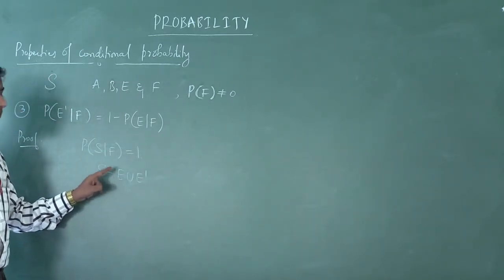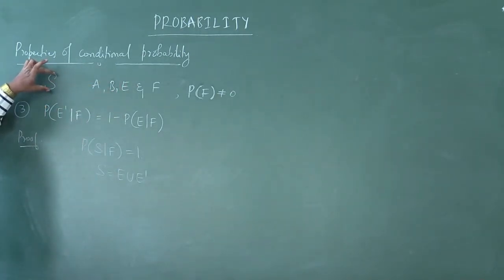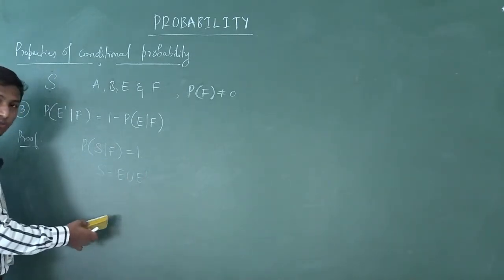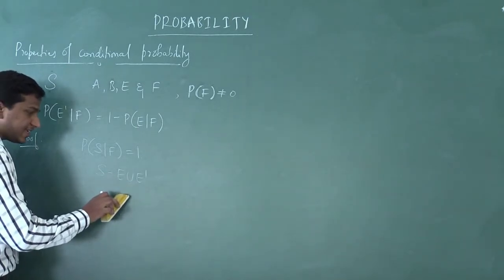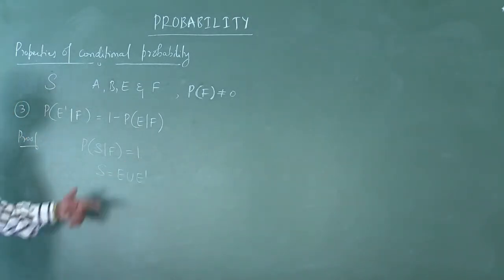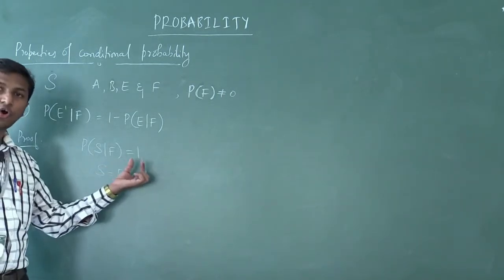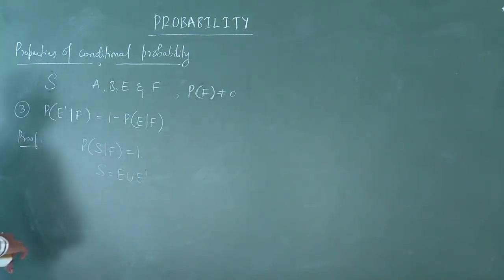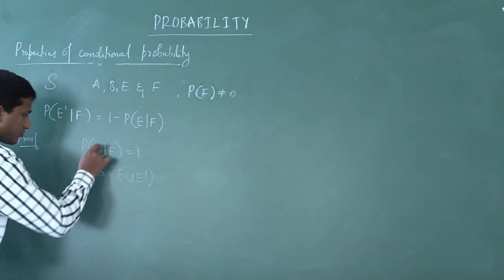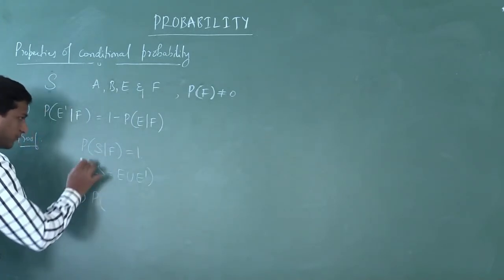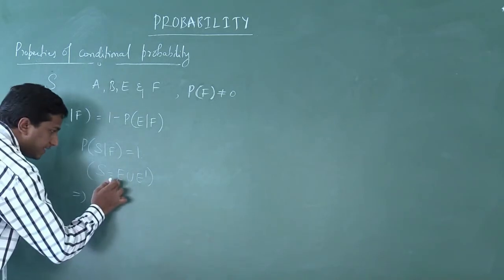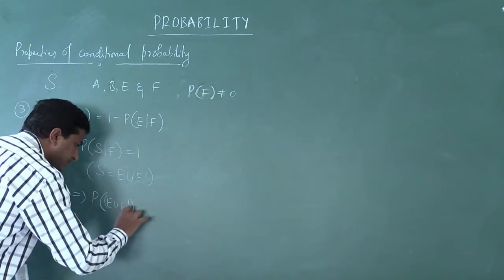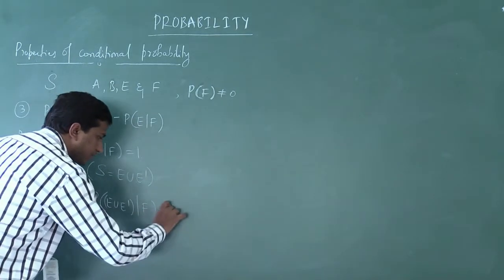Because event E is a subset of sample space S. Hence, we can write sample space S as the union of events E and the complementary event of event E. So the union of these two events will be nothing but the whole sample space S. So this result reduces to P of, in the place of S, I will write E union E dash, bar F equals 1.